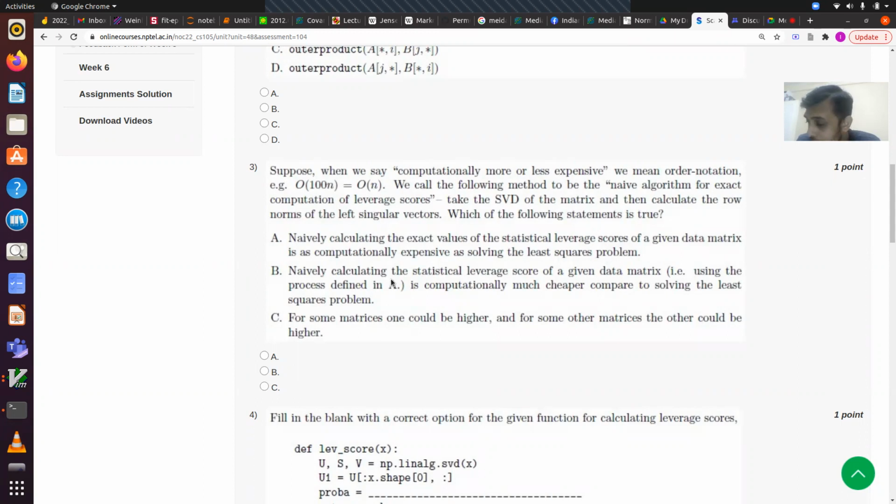Yes, sir. Or maybe no, that is for online algorithms. So for the leverage score part, let me just take the slide.